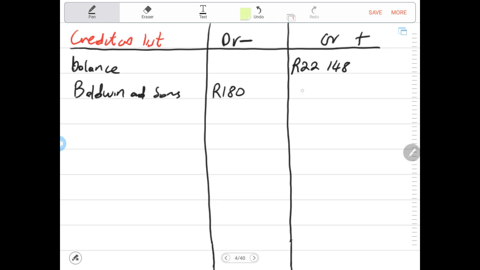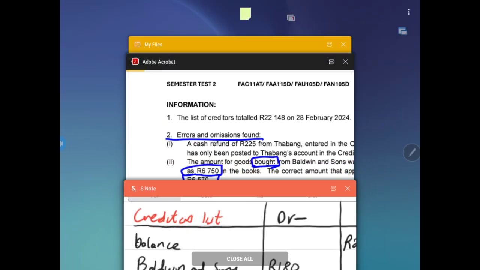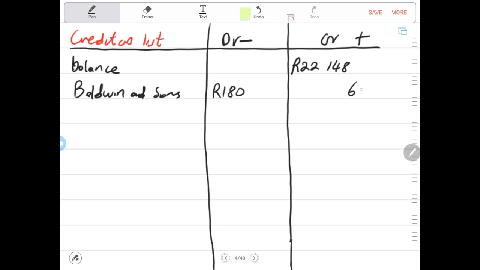Remember, we are decreasing the credit side that is overstated. They recorded 6,750 on the credit side instead of 6,570, so this side is overstated. Then we reduce it on the debit side when it comes to the list of creditors.